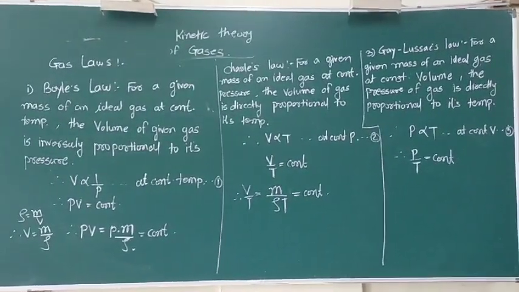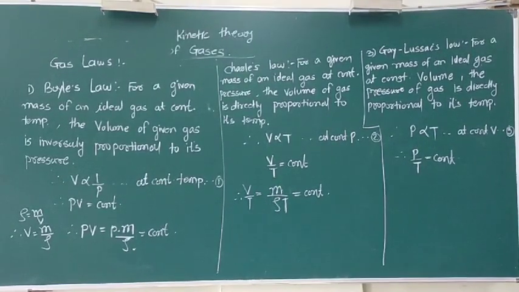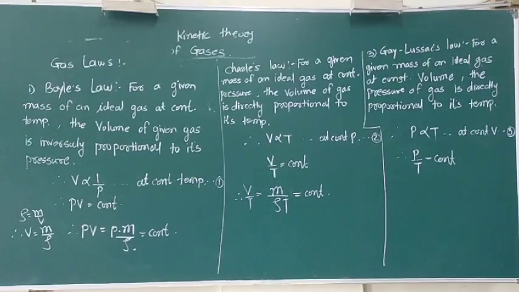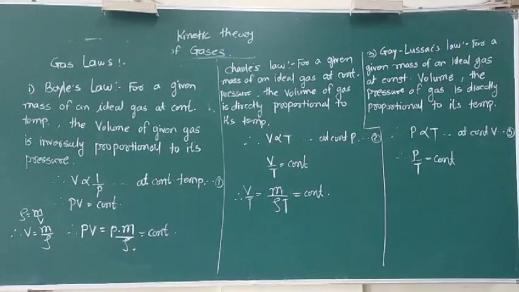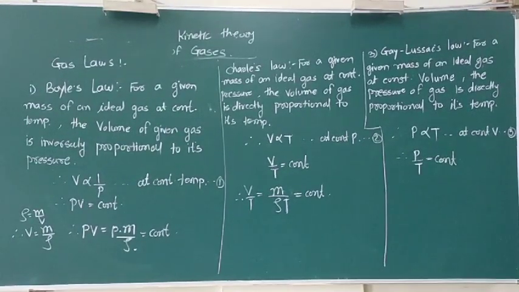Now, next one, that is Charles' law. For a given mass of an ideal gas at a constant pressure, the volume of gas is directly proportional to its temperature.